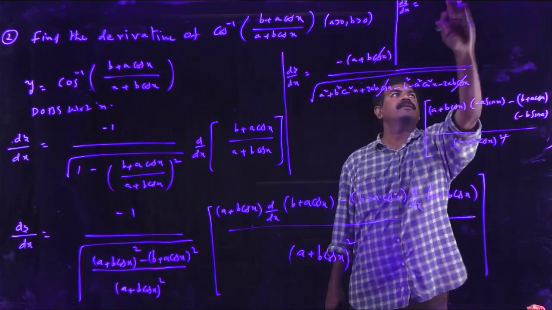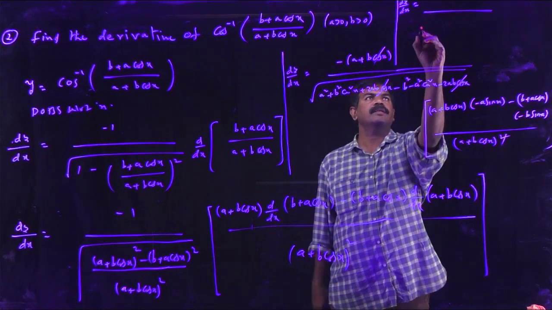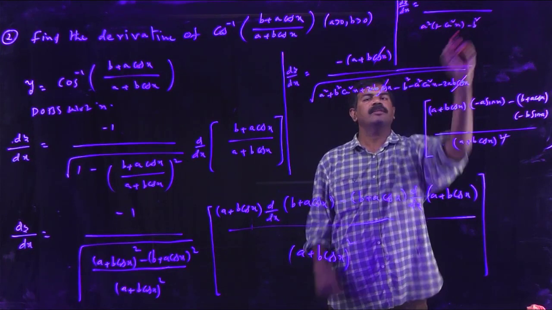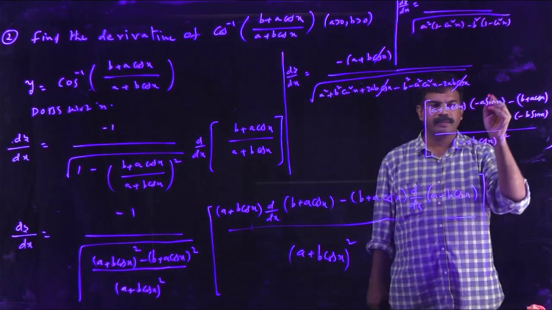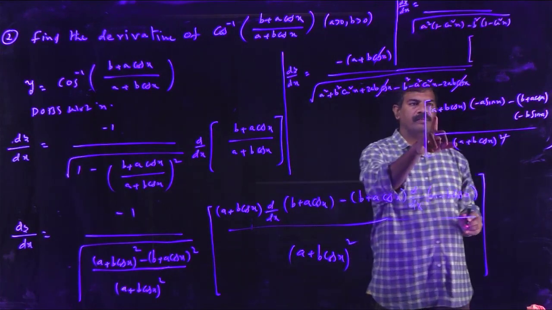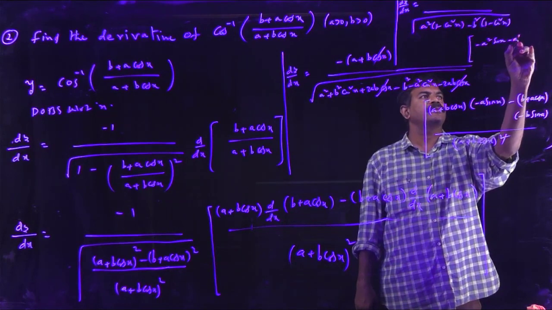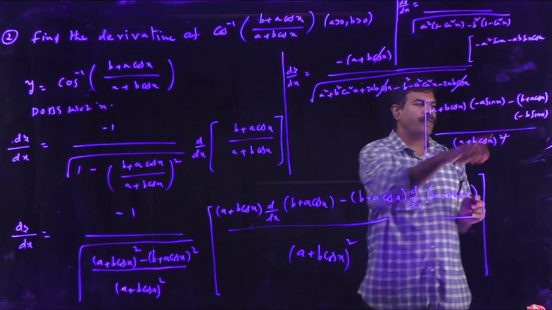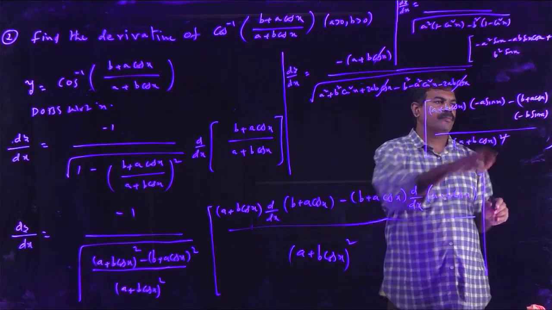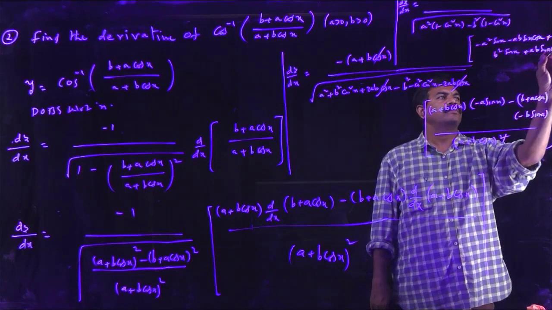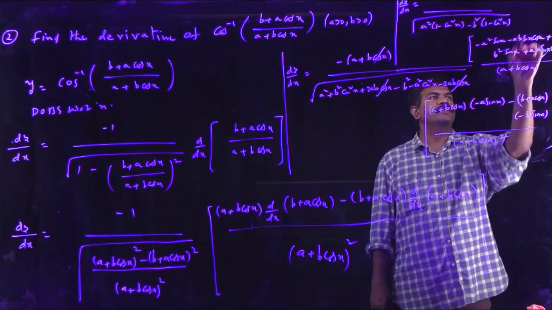Now we get minus 1 by, in this function we take a square common, that is a square into (1 minus cos square x) minus b square into (1 minus cos square x) under root, into minus a square sin x minus ab sin x cos x minus plus b square sin x plus ab sin x cos x, by a plus b cos x. ab sin x cos x minus ab sin x cos x cancel.